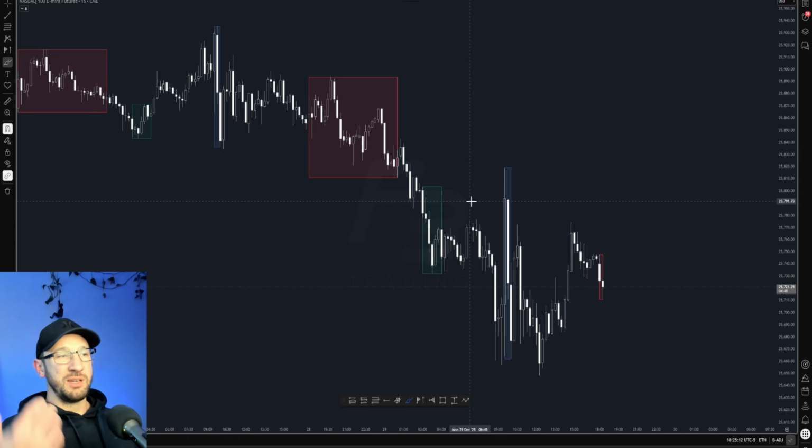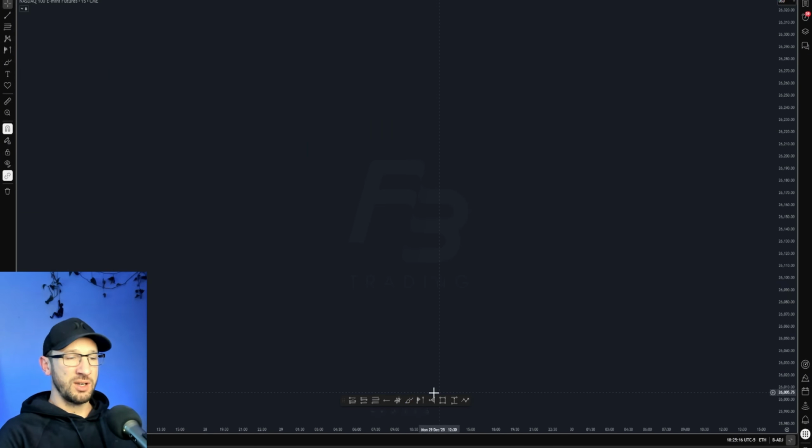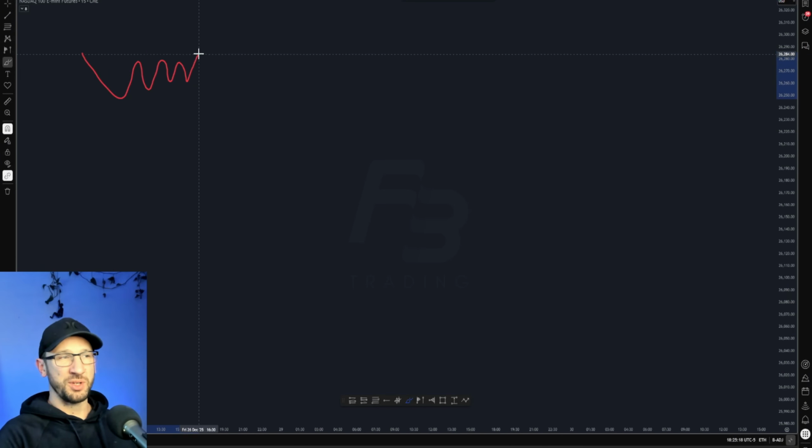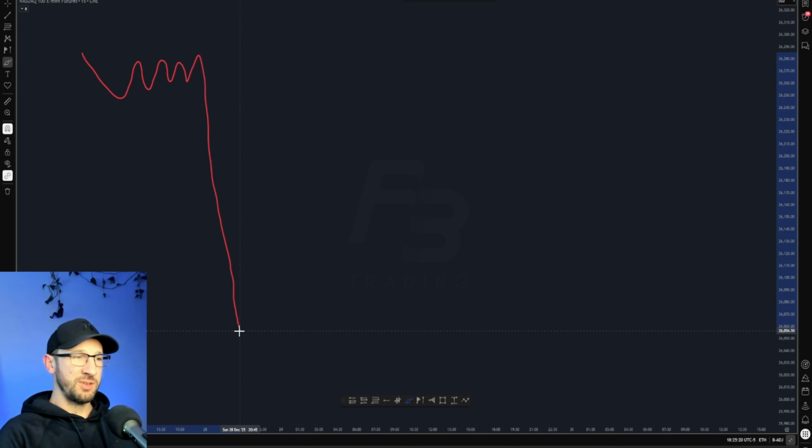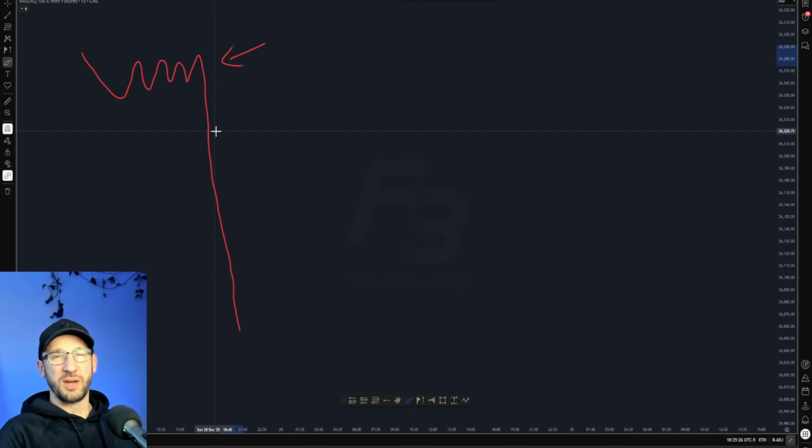And just in my sense of understanding markets, if the market was to do something like this, so it's kind of holding and then it has a very aggressive move, there's some sort of catalyst, maybe a high impact news event or Trump tweeting or something like that, interest rates. But when the price pushes down, I view the market here as expensive.